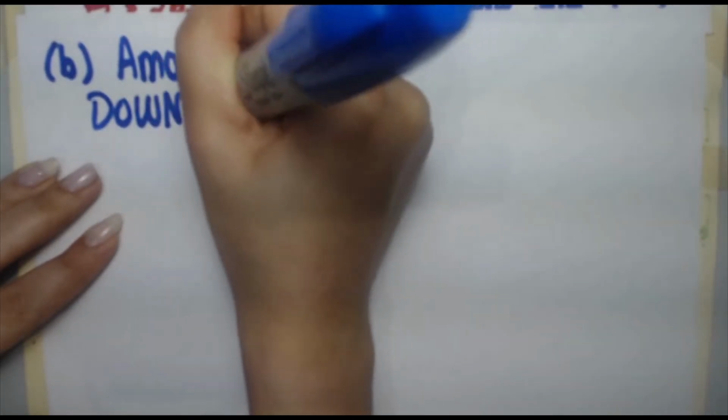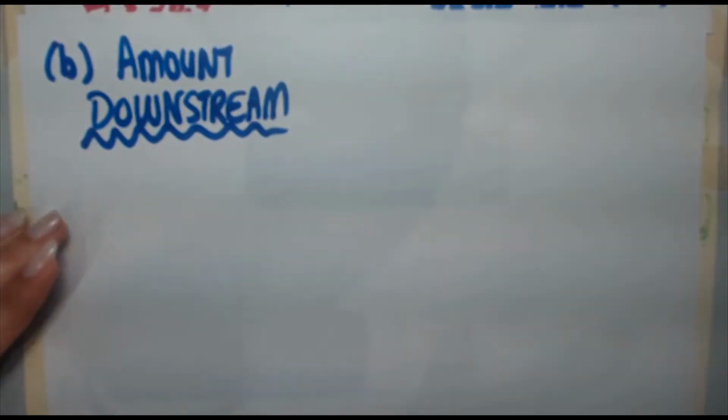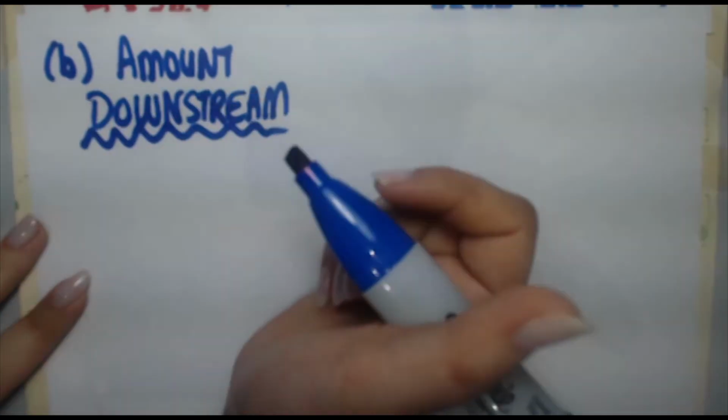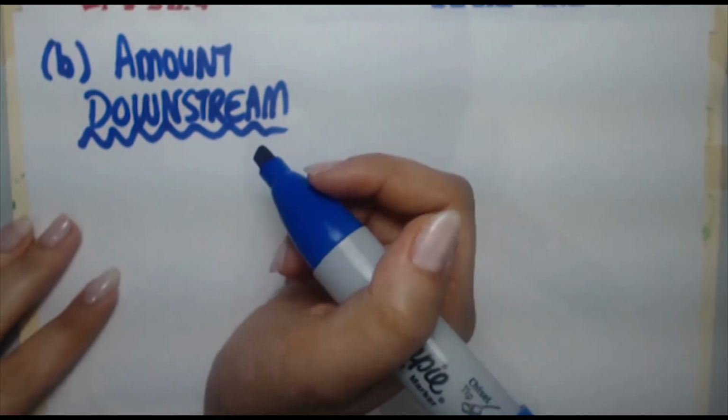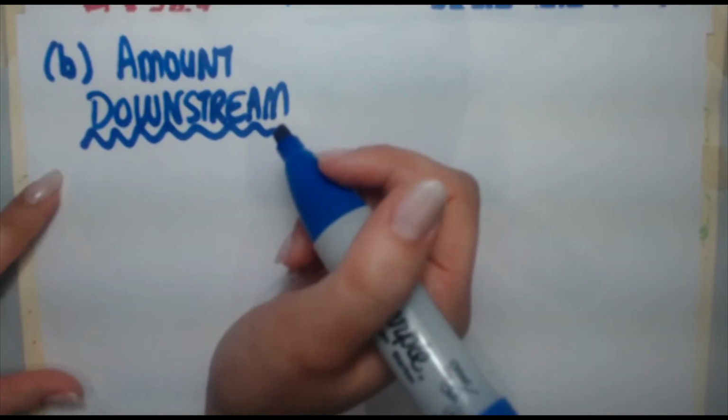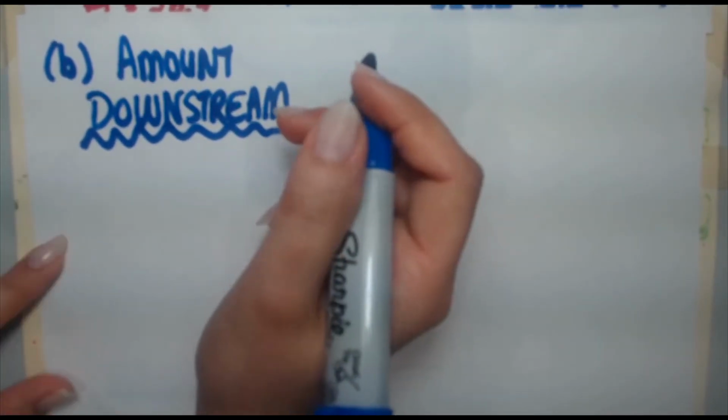So for part B, let's figure out the amount downstream that the boat ends up. This is a simple kinematics problem at this point. Distance is given by speed times time. There's no implication or even assumption of acceleration in this problem.